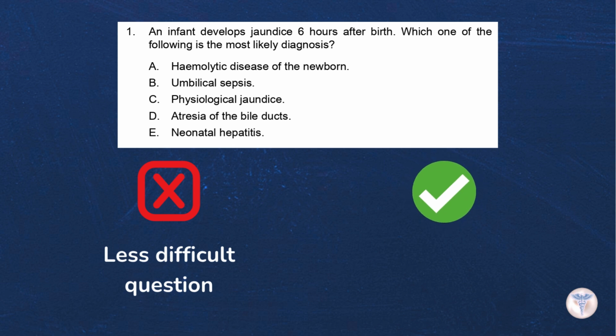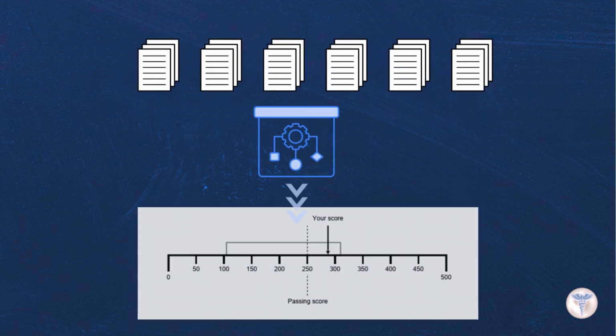If correct, the next question is a more difficult question. This process is continued as the examination delivers questions based on the previous responses until the last question is reached. The computer then calculates your score, giving you a pass or fail result based on all the information available.